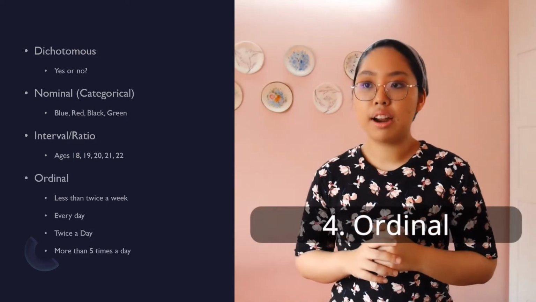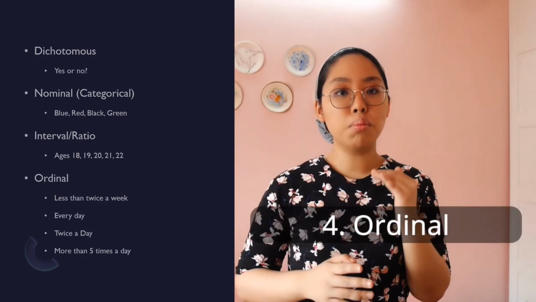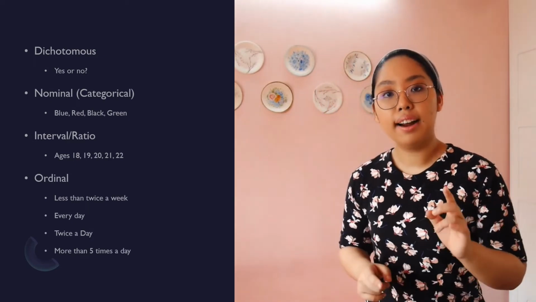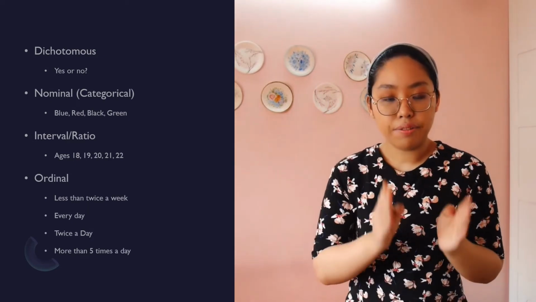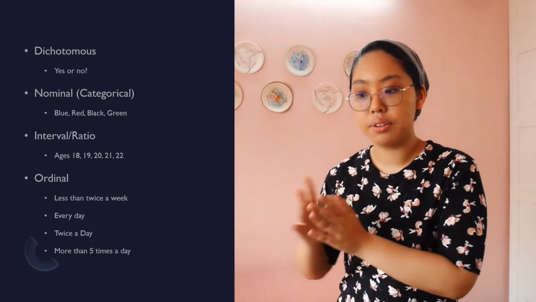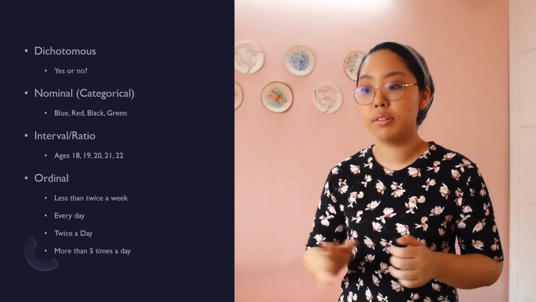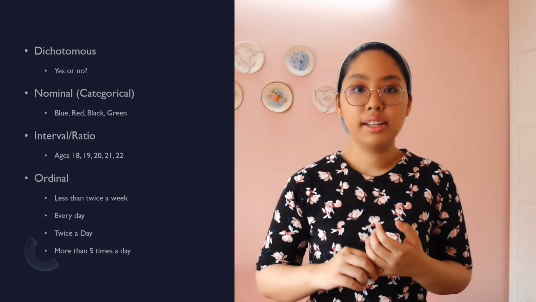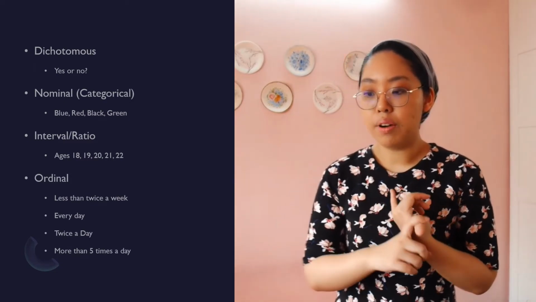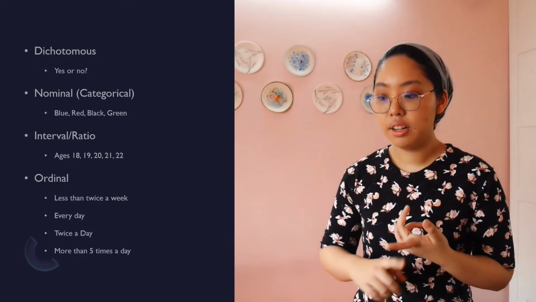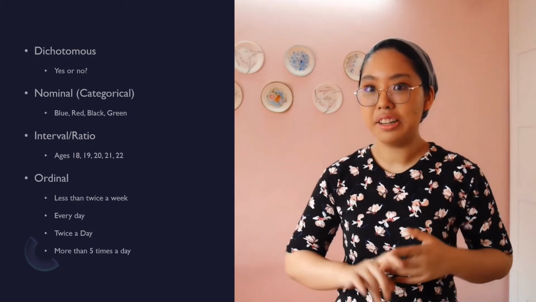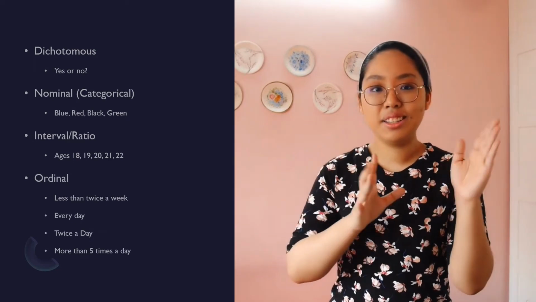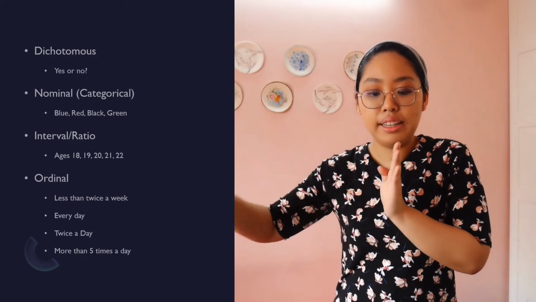Ordinal variables are a list of variables that come one after another but aren't necessarily at fixed intervals apart. So they're not interval or ratio variables, they're ordinal variables. For example, asking someone if they brush their teeth every day, twice a day, or more than 5 times a day, whatever, these don't exactly relate to each other.